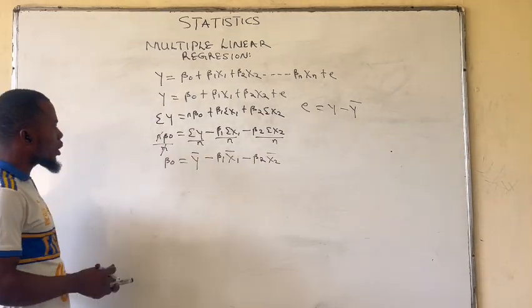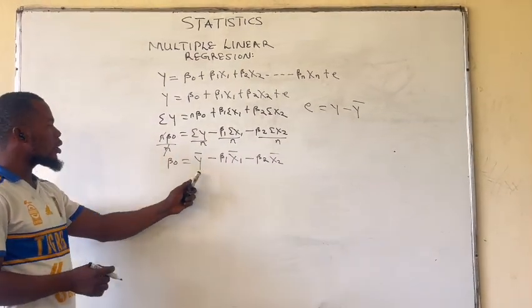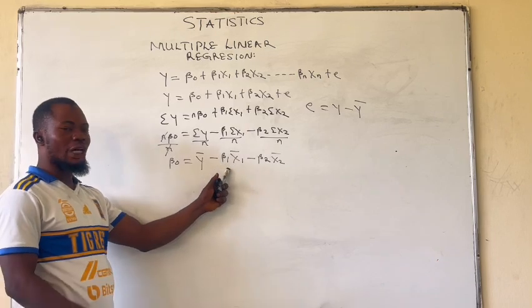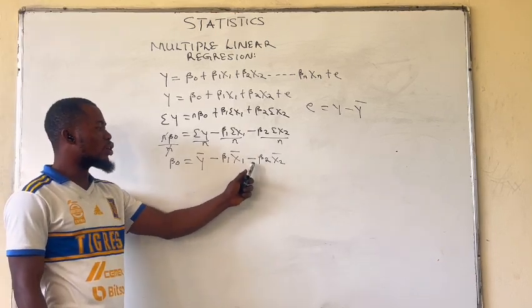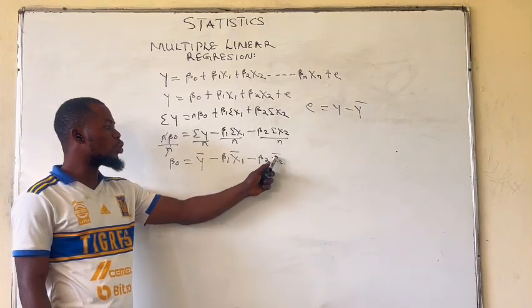So from here now we can calculate our beta naught using y bar minus beta 1 x1 bar minus beta 2 x2 bar.